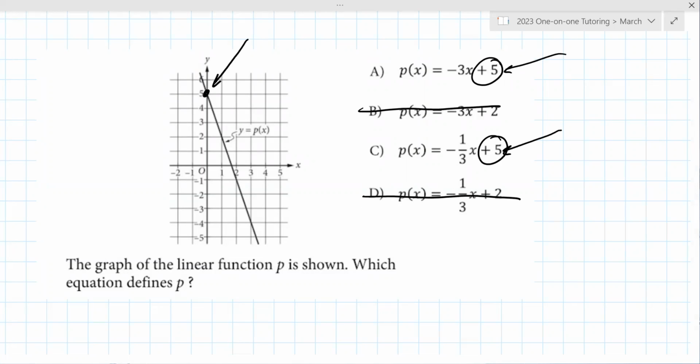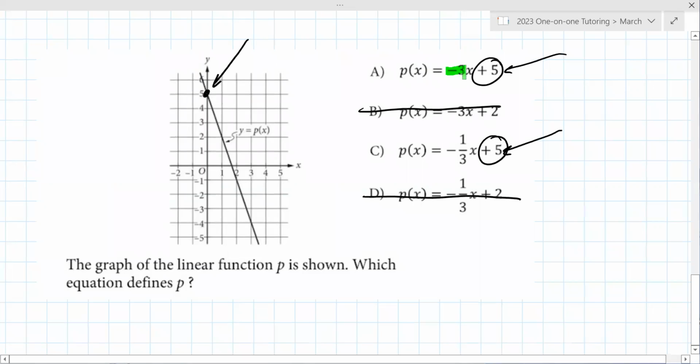What is the difference between A and C? What have I highlighted in both of these?